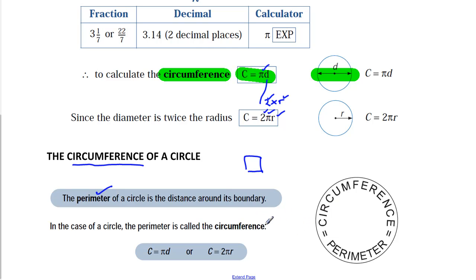It's really just the perimeter of the circle. And it's given by these two formulas that we talked about just a moment ago. The circumference can either be worked out by taking pi and multiplying it by the diameter of the circle, or taking the radius and timesing it by pi, but then doubling it, because the radius is half of the diameter.